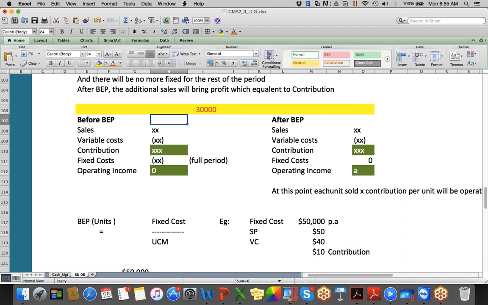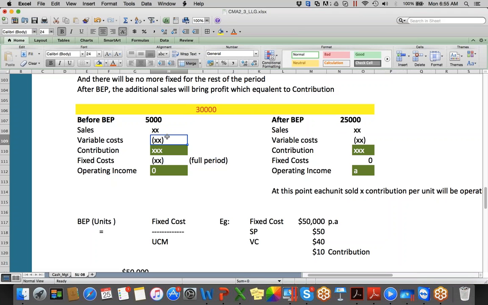And 25,000 units you are selling in break-even area. 25,000 units you are selling here, as per my example, and 5,000 units you are selling here to break even.